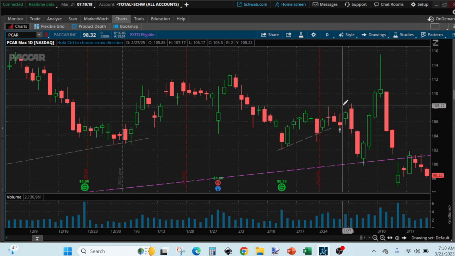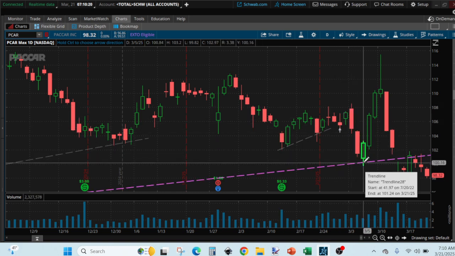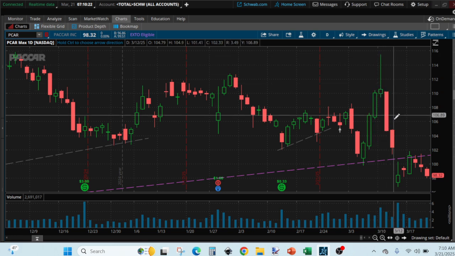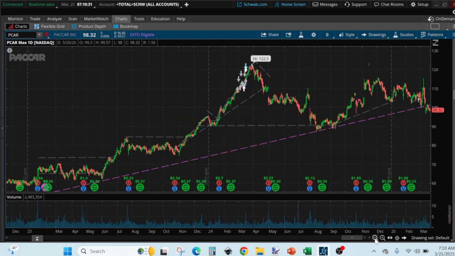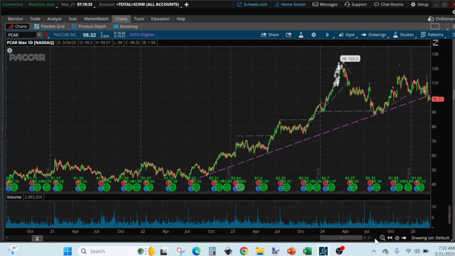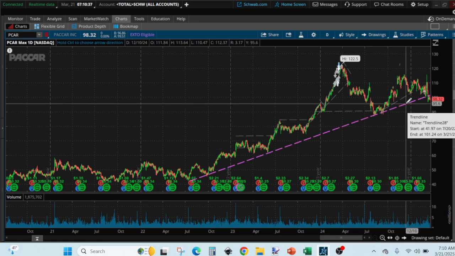But as you can see, it pulled back to the trend line, went up, pulled back down again, went up, and is still going down. So we'll just continue checking it, and this is the lowest trend line that we have for it.